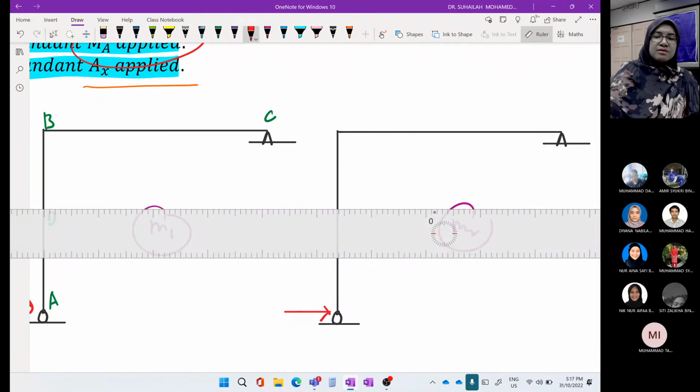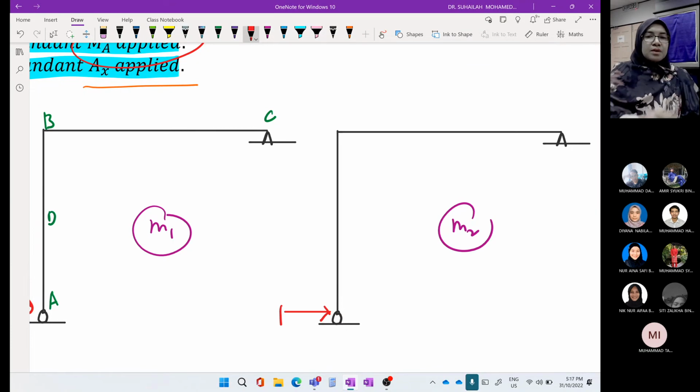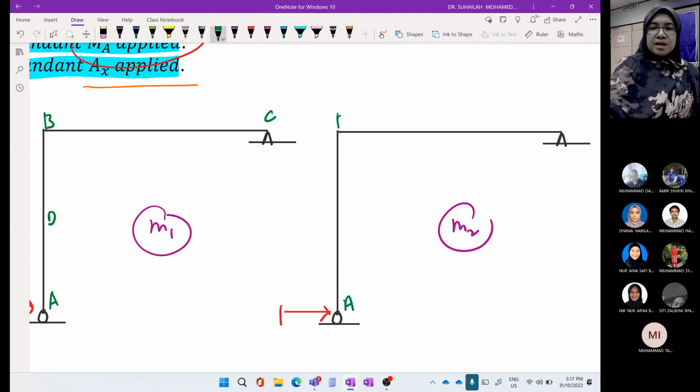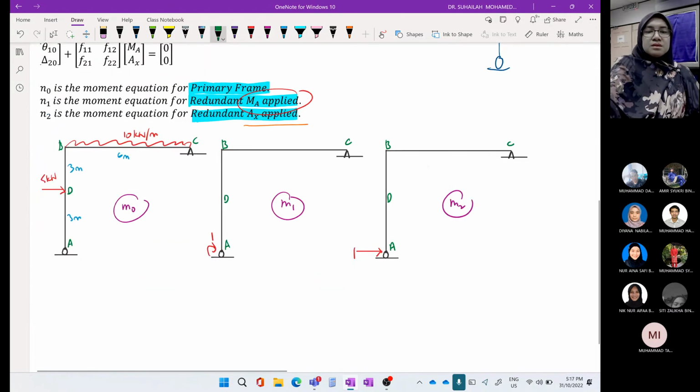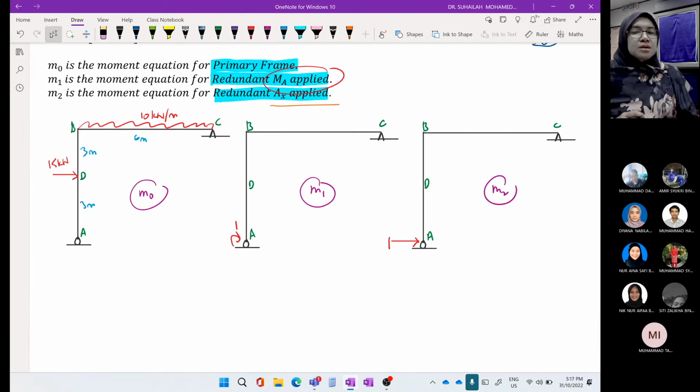Remain the label A, B, C, D. Like this, we have 3 systems. Only the primary system has all external loading.